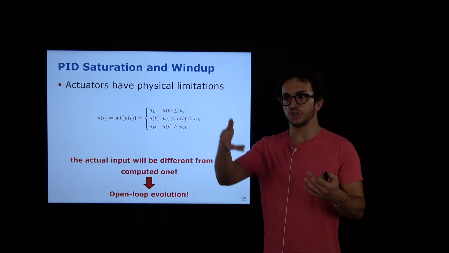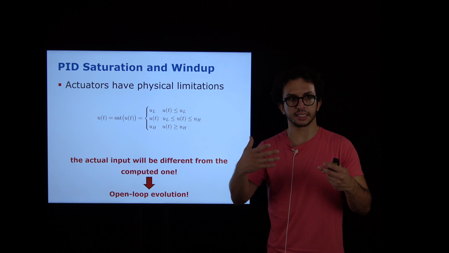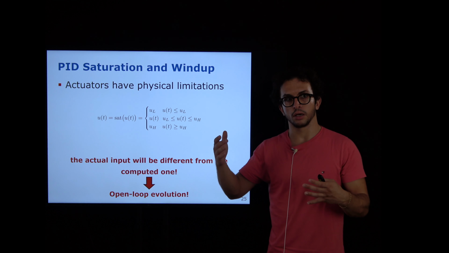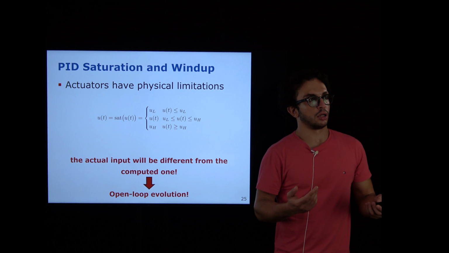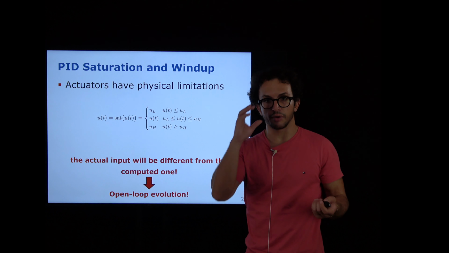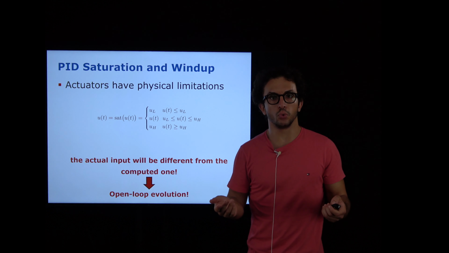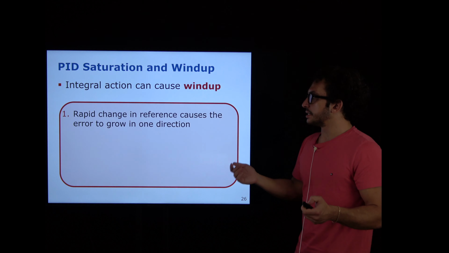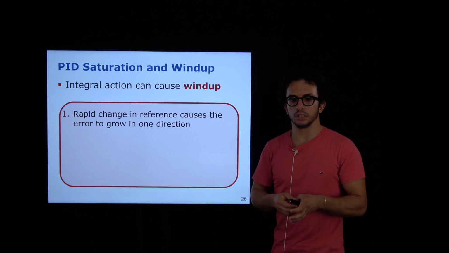So reaching a certain set point or whatever you're trying to achieve gets way slower, because you are not satisfying the requirements that are set by the error and all the evolution. But in some cases, it might actually lead to instability.